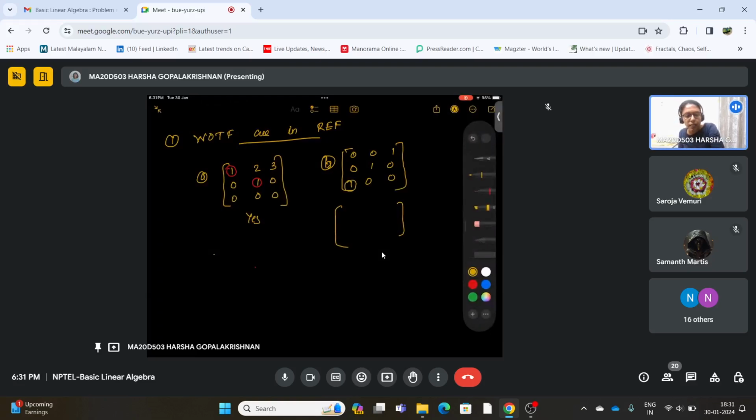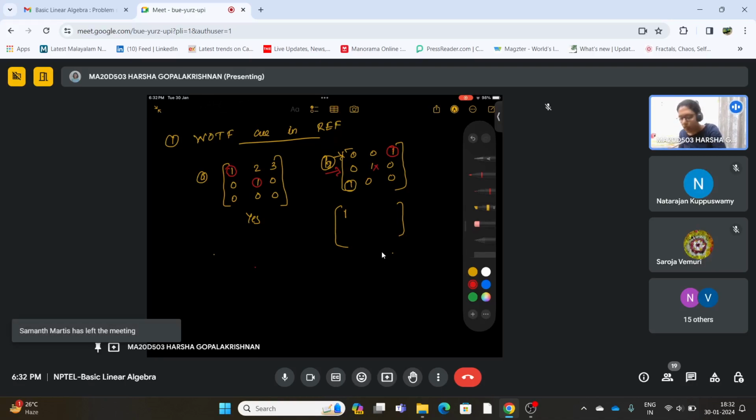But if the 1 is here, we can say it is in row echelon form. In the first row, the first non-zero entry 1 is in the third position. So in the second row, the non-zero entry cannot be here. It can be after the third position, but there are no fourth or fifth positions. It cannot be in the second position, since second is before third. So this is not in row echelon form.